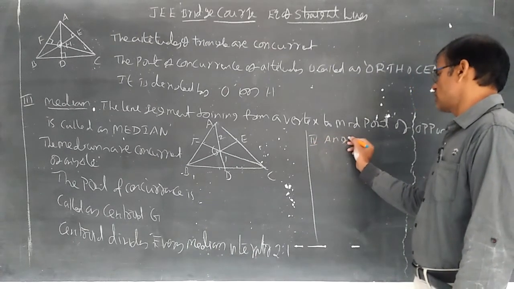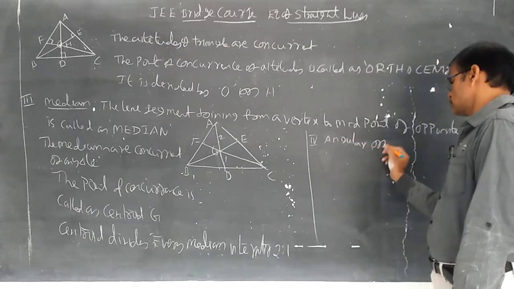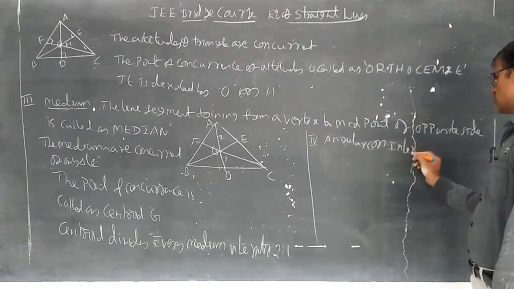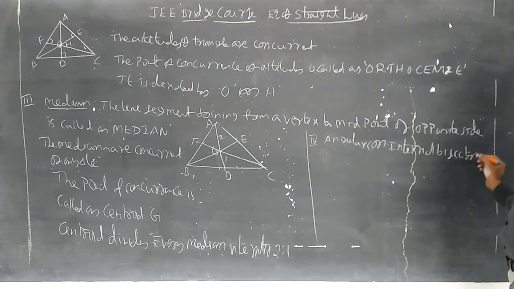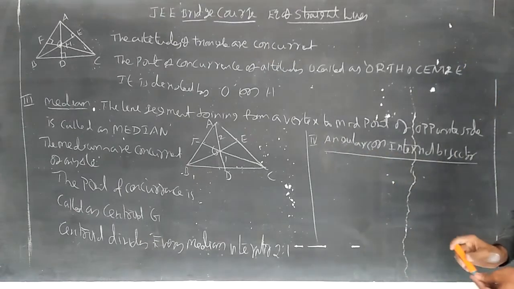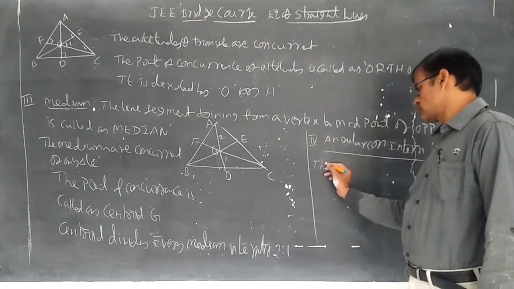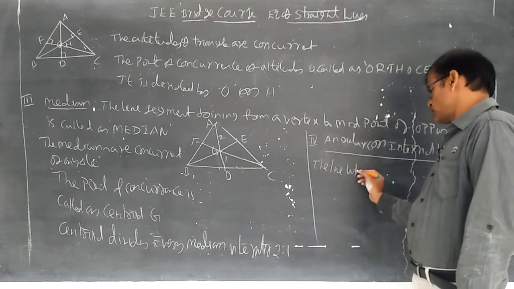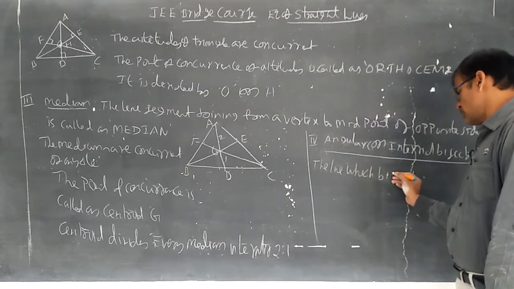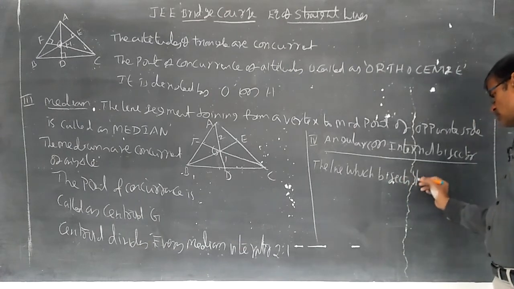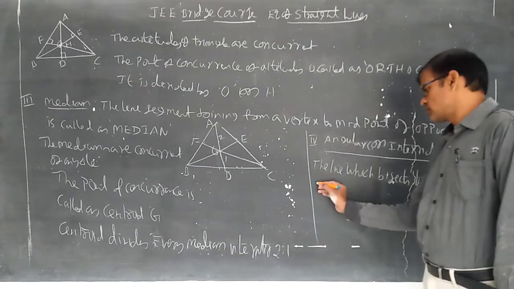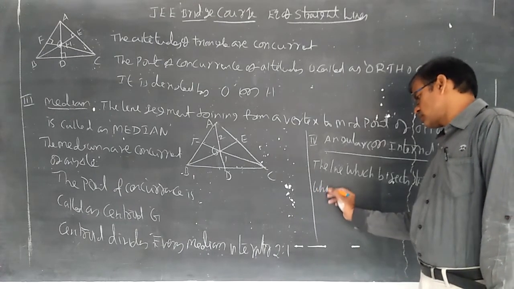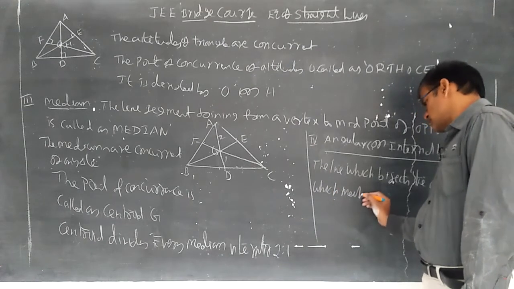Angular bisector or internal bisector. The line which bisects the angle of a triangle and meets the opposite side.